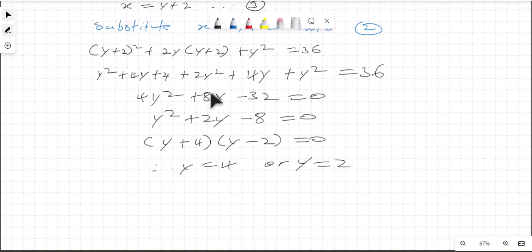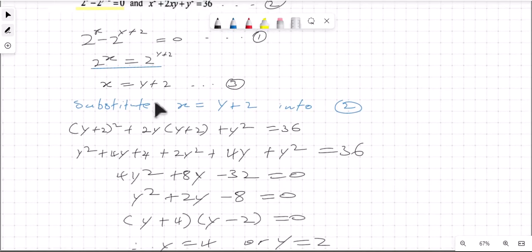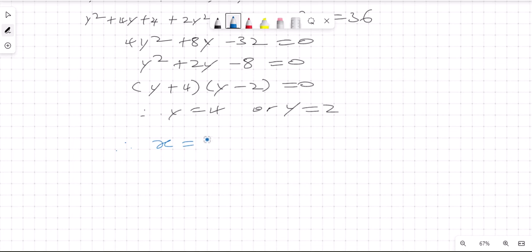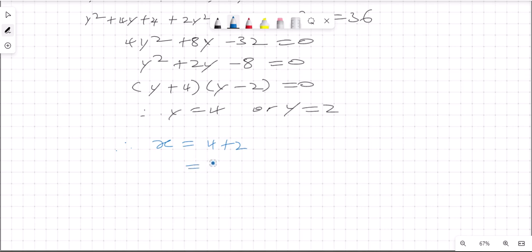Then substituting the values of y into the equation of x, we have the values of x as follows. The equation is x equals y plus 2. What is y? Y is 4, 4 plus 2, x will be 6.